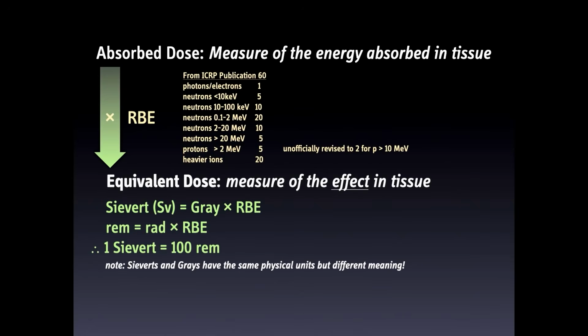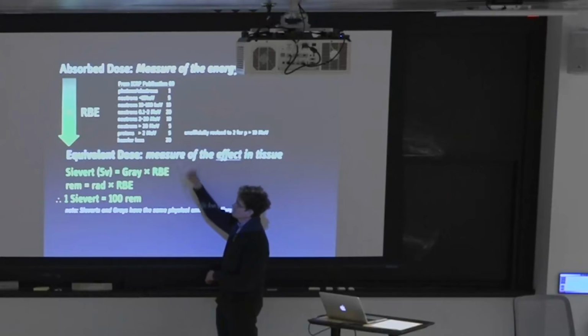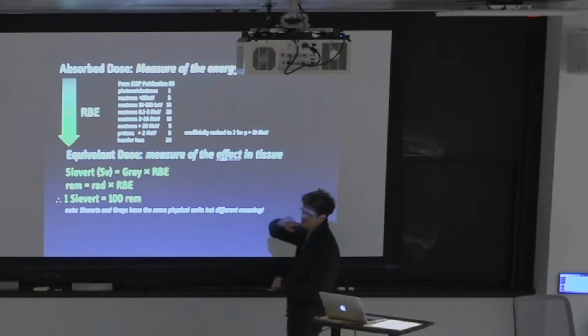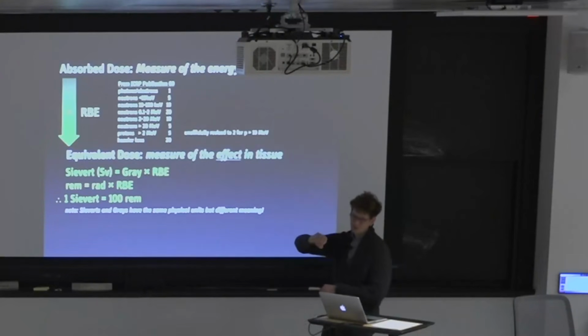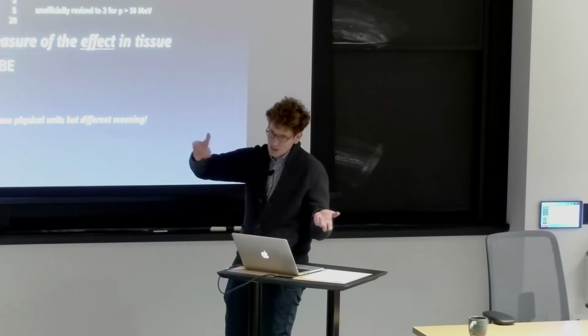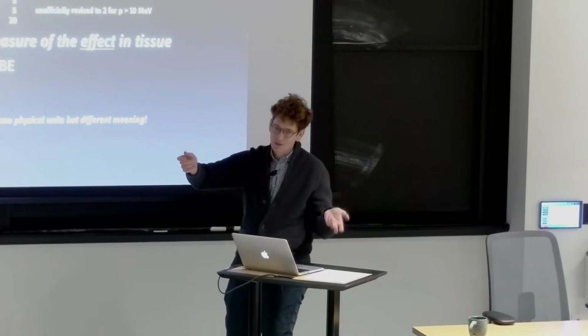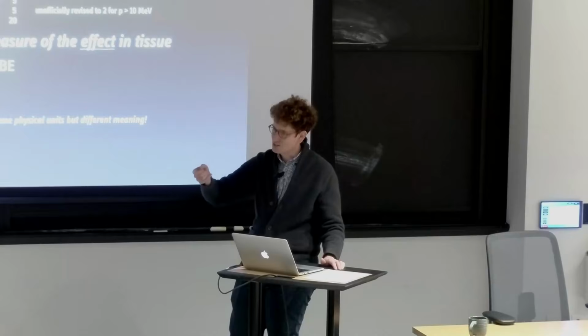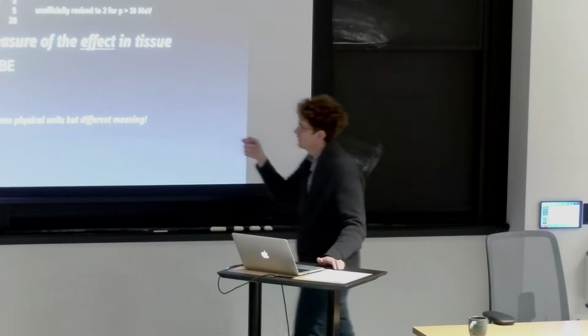And what we use is something called the relative biological effectiveness. What this does is it just attributes a number that allows us to convert from actual energy deposited to effective energy deposited, depending on how the radiation interacts with the matter.